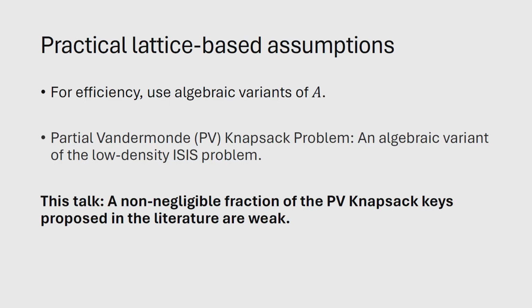For practical efficiency, what we do is we use algebraic variants of the matrix. So one such assumption was this partial Vandermonde knapsack problem, where they used some algebraic variant of this low-density SIS problem. In this talk, I will show that a fraction of keys that were proposed in the literature are weak.